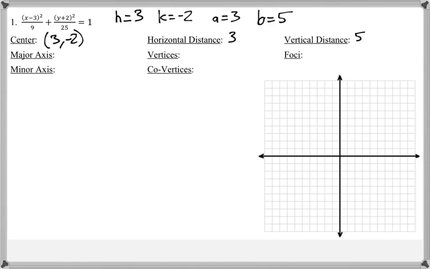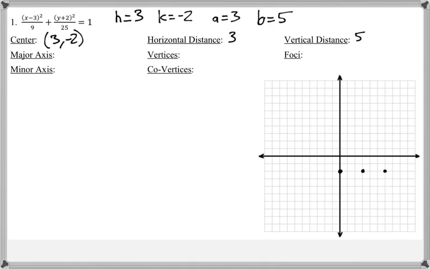So my center is here at (3, -2), and then I'm going to use my horizontal distance of 3, and that's going to be from the center. So I'm going to go 3 to the right, 3 to the left, and then my vertical distance is 5.